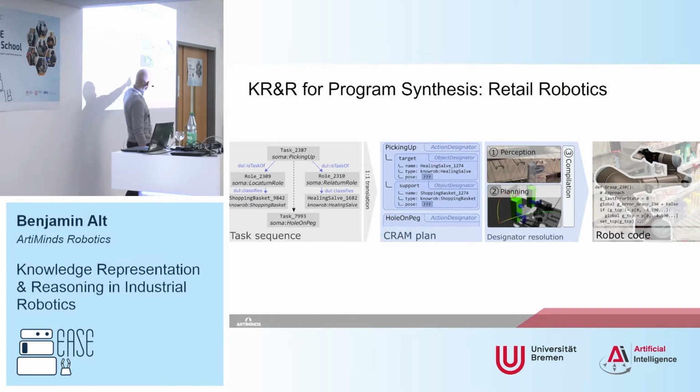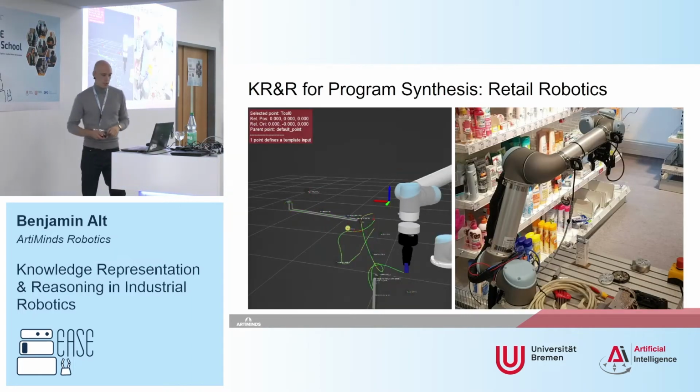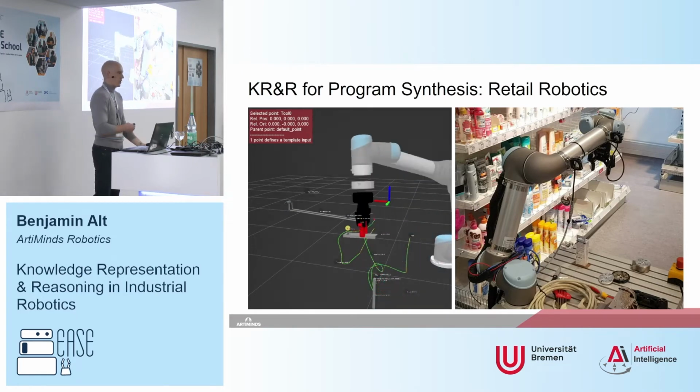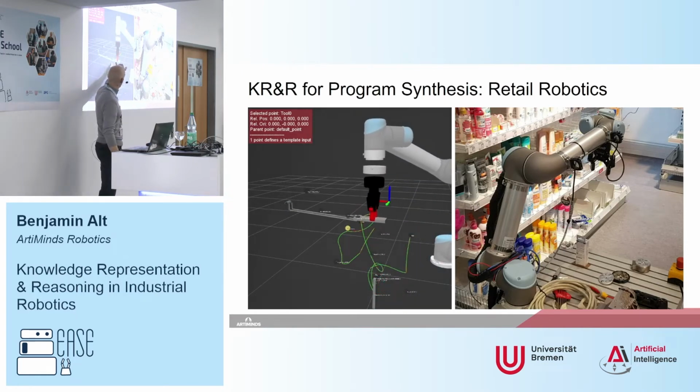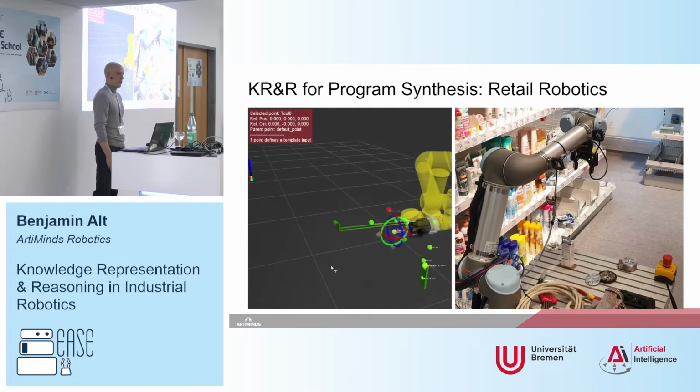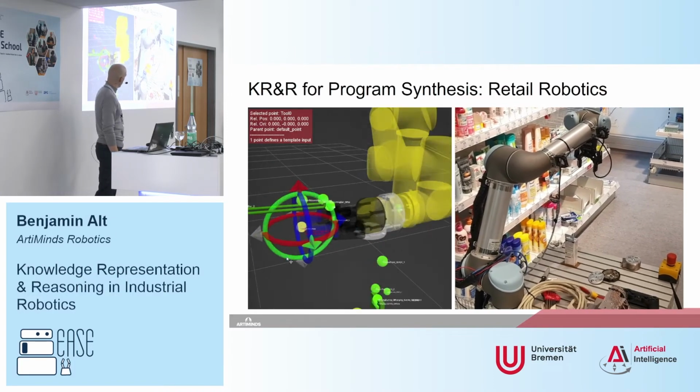And then we can compile this into executable robot code and execute it on the real robot. And what happens? Well, this to the left is the simulation, for instance, and we use force control primitives, such as a little spiral search here to actually search for the hanger, and then we can do a force controlled insertion. And you see that in the real world, it looks very much similar to that.